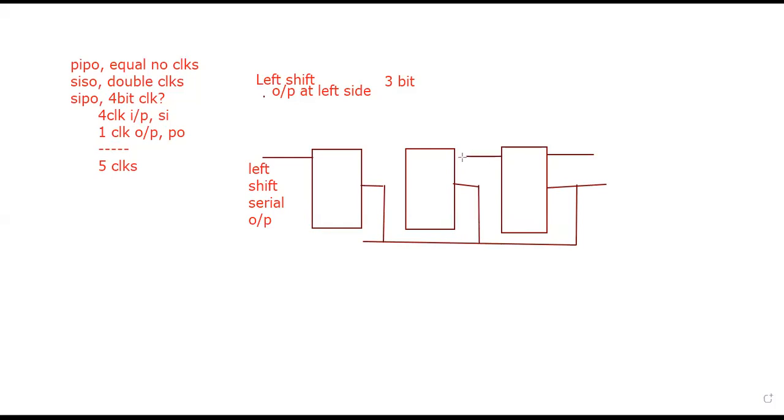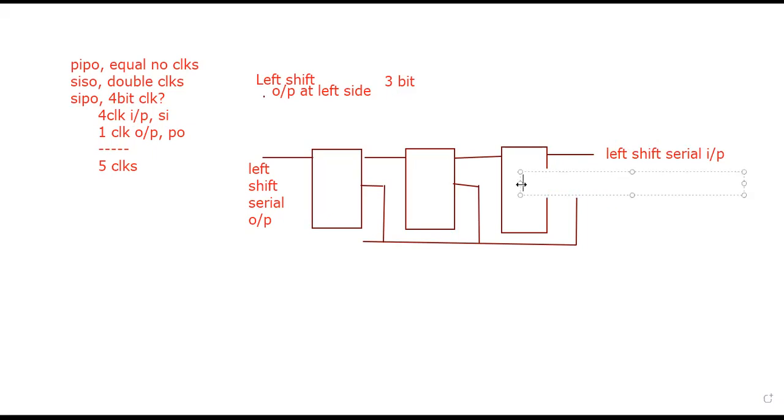Now here we are transferring our data from one to another. So I have to write over here, this particular one is left shift serial input. Understand? This particular one is the clock.